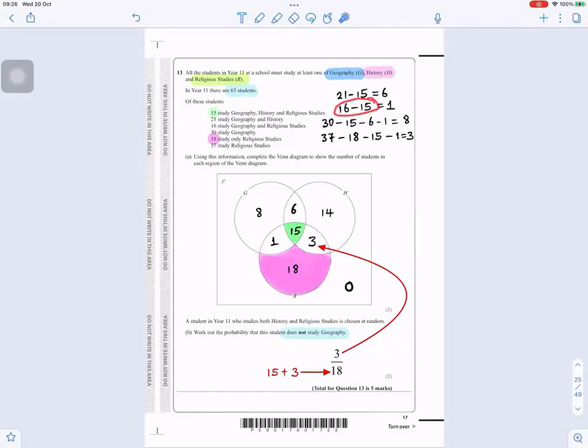16 study geography and religious studies. So geography and religious studies inside here should be 16 in total, and we know there's 15 there.